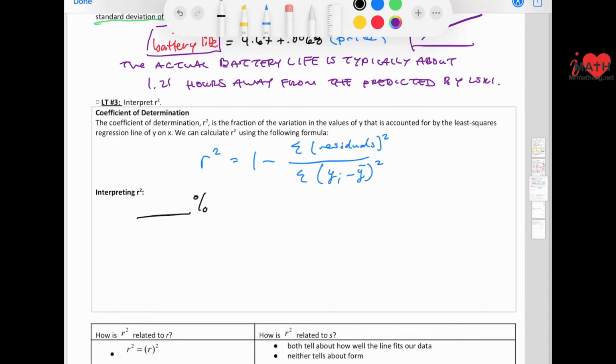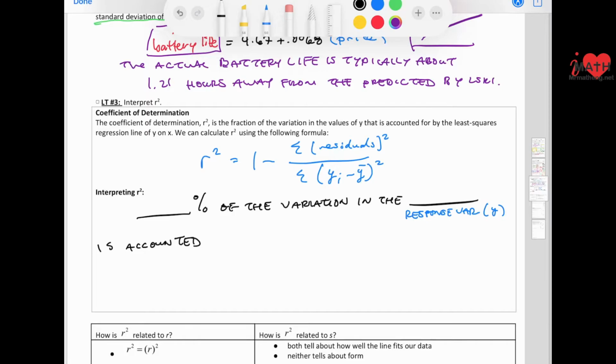Blank percent of the variation in the blank, and here is the response variable, which remember is your y-axis, is accounted for by the least squares regression line relating blank.